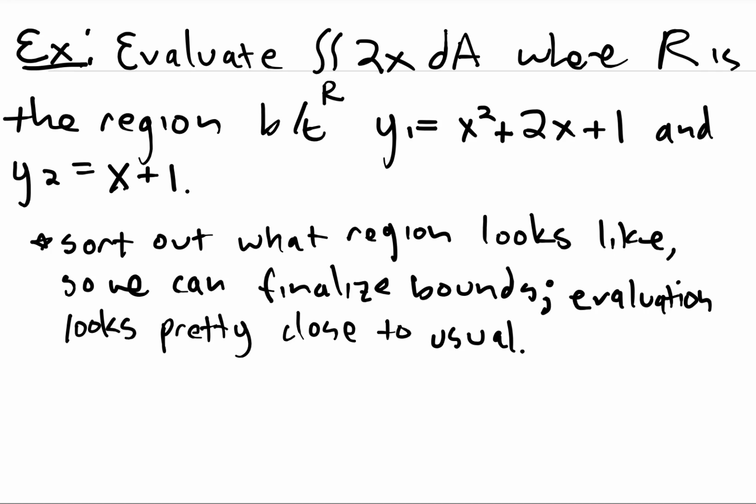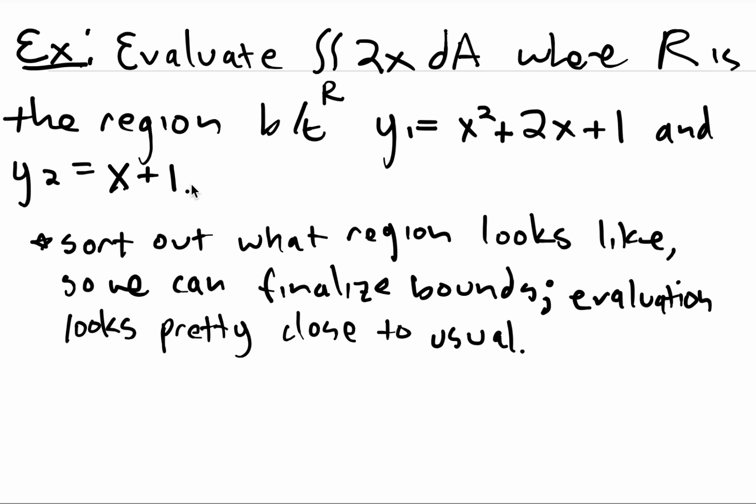Okay, so let's see an example to make sure that we got this straight. I'm going to have you guys evaluate the double integral of 2x with respect to area. And the region that we integrate over is going to be the region that's stuck between these two curves, y1 and y2. And again, for us to set up those bounds, we have to sort out what this region looks like. And once you finalize that, you'll notice we have y as functions of x.